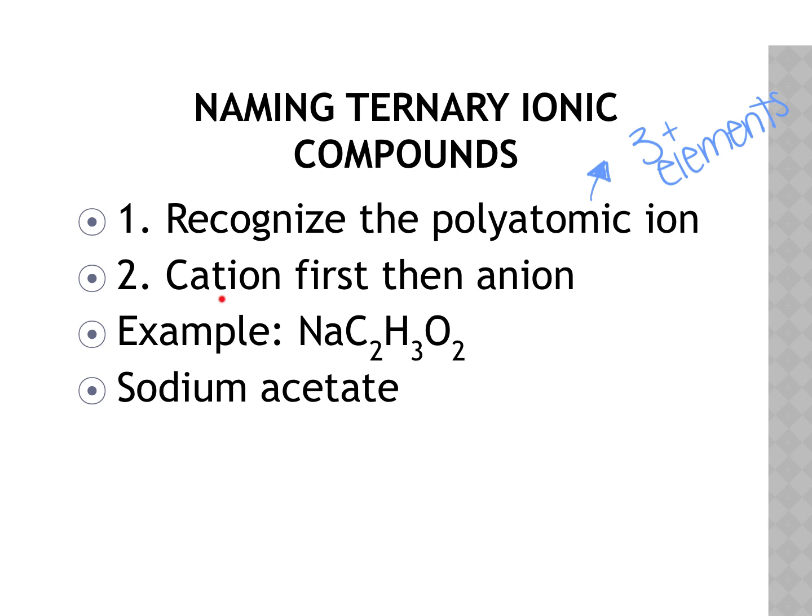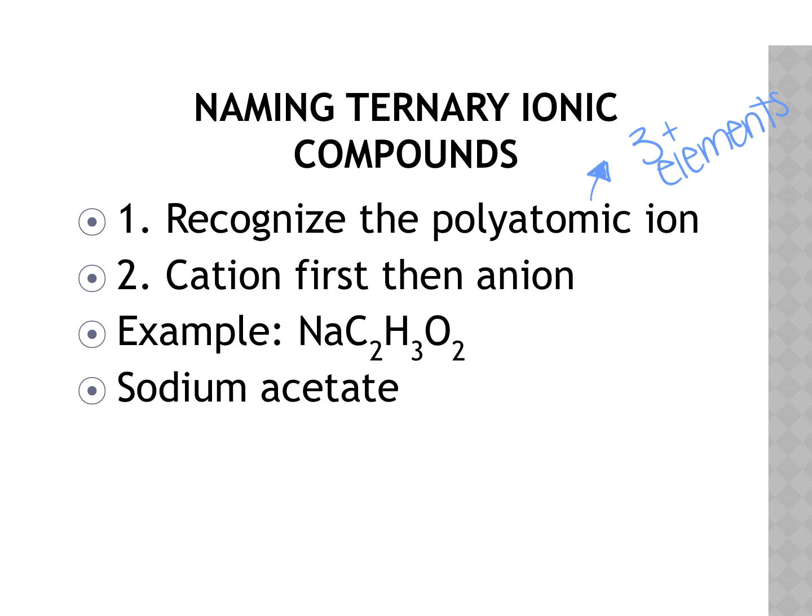And then when we write the name, the cation still goes first. The anion still goes second. Okay, so always the plus charge, then the minus charge. So here's our example. We have NaC2H3O2. Okay. How many capital letters do you see? Okay, 4. So that should be your indicator that something's a polyatomic ion in there.